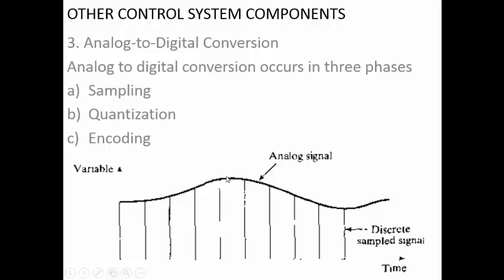So now instead of the voltage or maybe force or some other parameter, we are representing that by using a binary number or a digital code. So this is how the analog to digital conversion happens, that is in 3 phases.